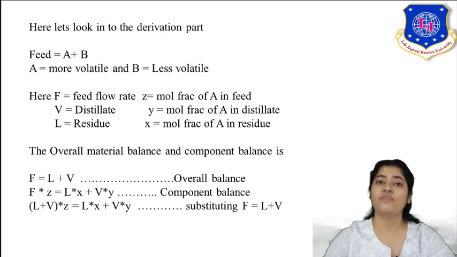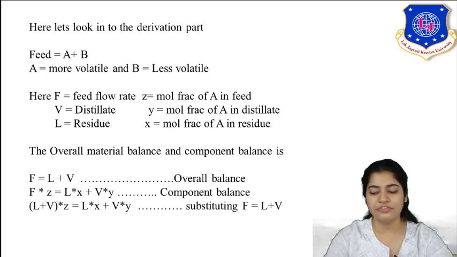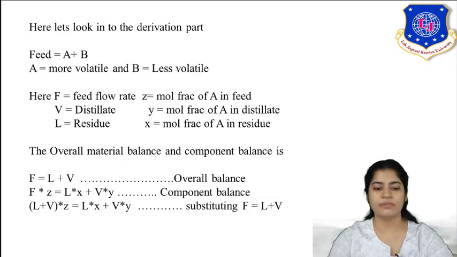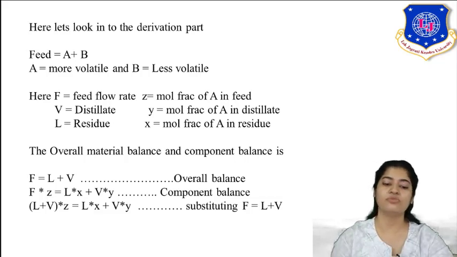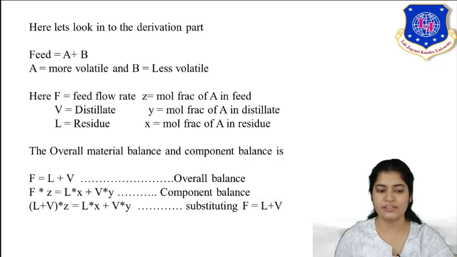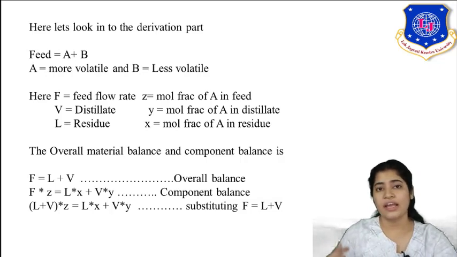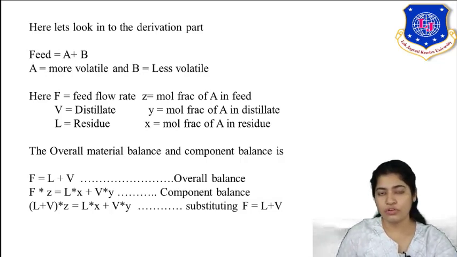Okay, so overall material balance would be what? Feed is equal to liquid L, that is residue, plus distillate you get, right? Feed is equal to top product plus bottom product, that is your overall balance. Now moving forward with the component balance. Here I am talking about amount.